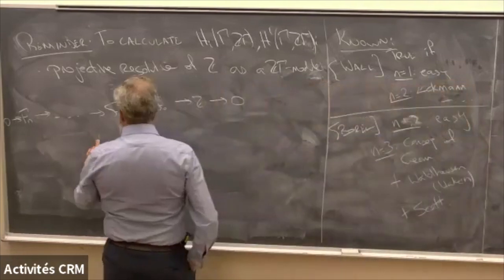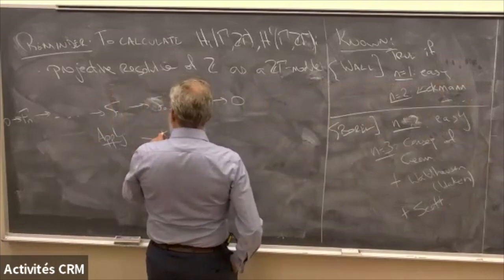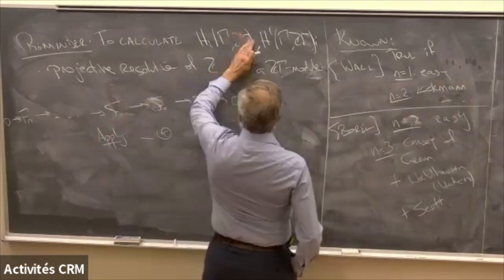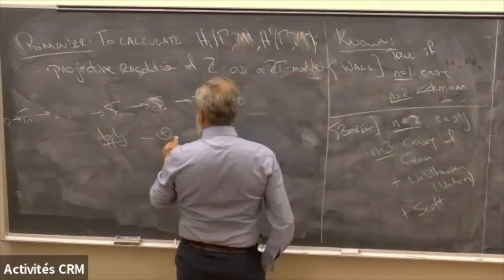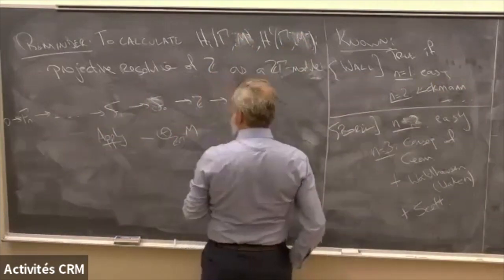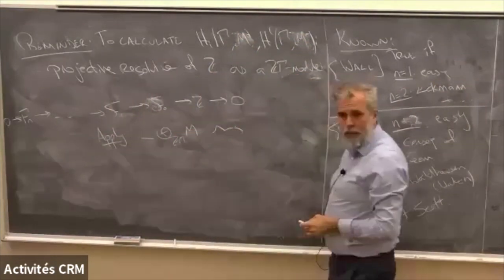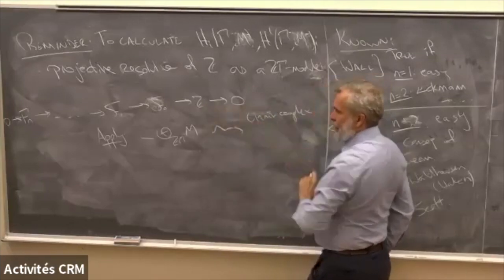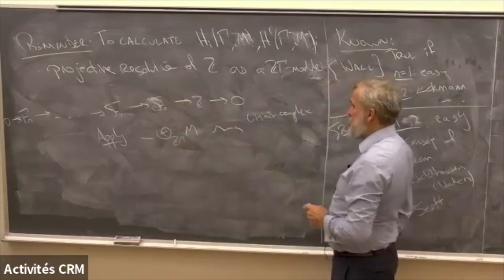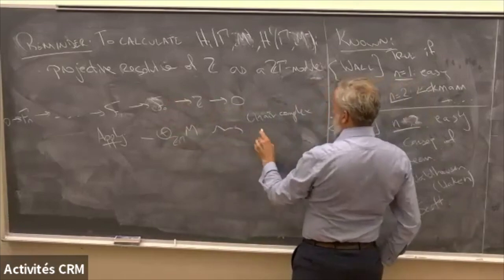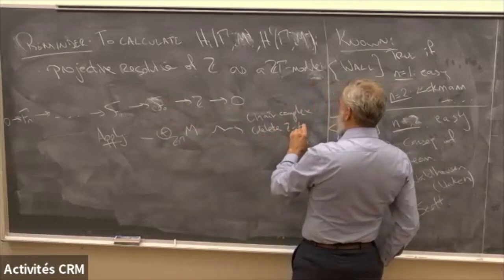And then you should do one of two things. You should either tensor over Z gamma with M the resolution, and that will give you a new chain complex. So you take this resolution and at each stage you apply this functor, you get a new chain complex. You delete the Z term.